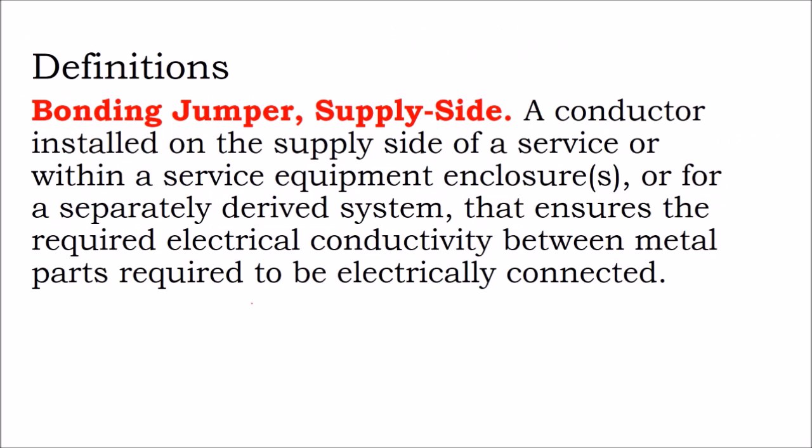We have the bonding jumper supply side, a conductor installed on the supply side of a service or within service equipment enclosures for a separately derived system that ensures the required electrical conductivity between the metal parts required to be electrically connected. So a bonding jumper will bond metal parts.